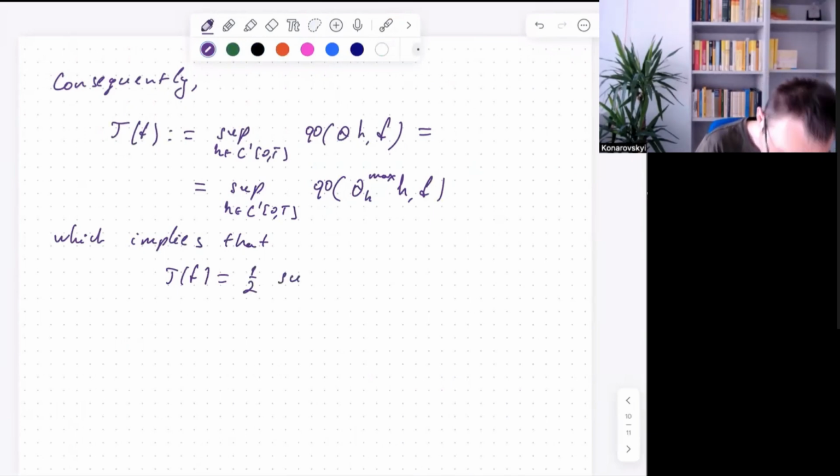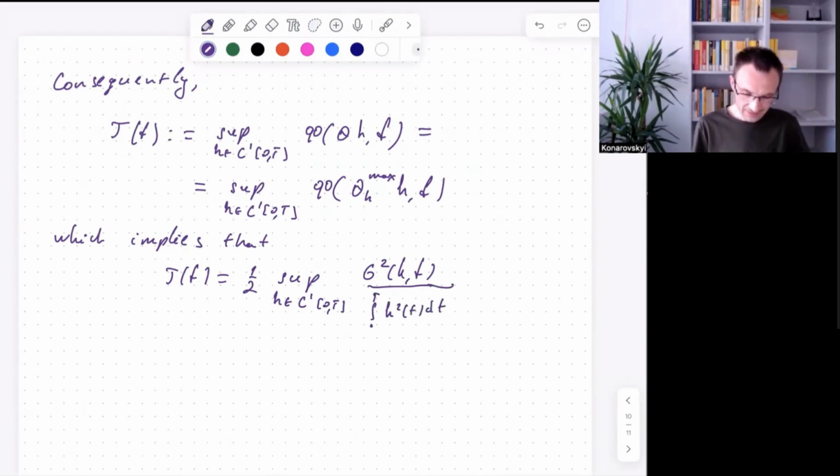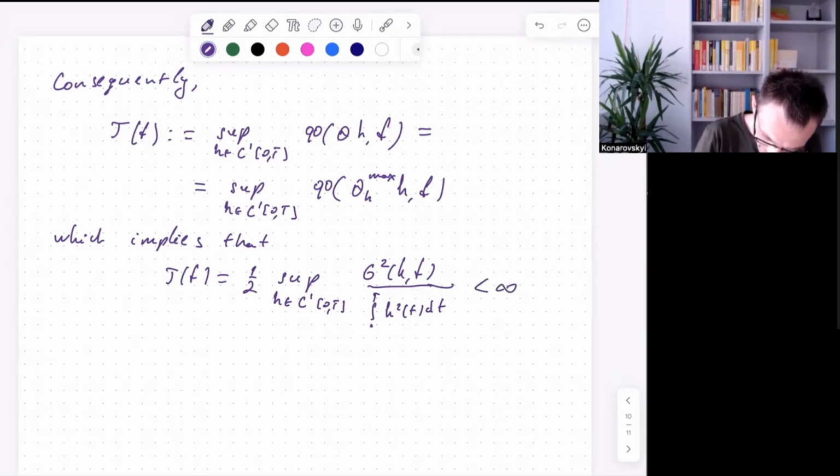It is exactly the maximum of that parabola. Supremum over h belongs to C1 of 0 to t. And then you have g square of h comma f, divided by the integral from 0 to t h square of t dt.